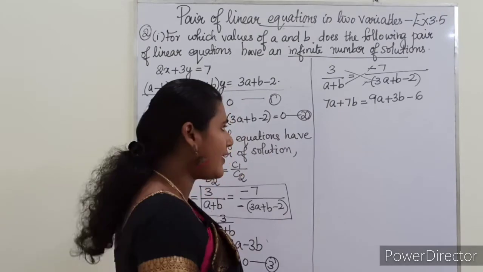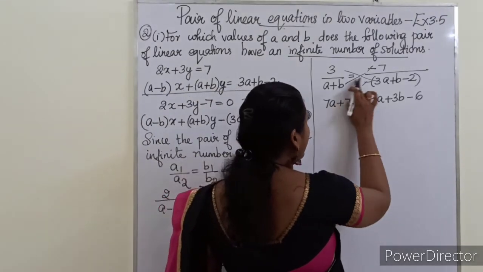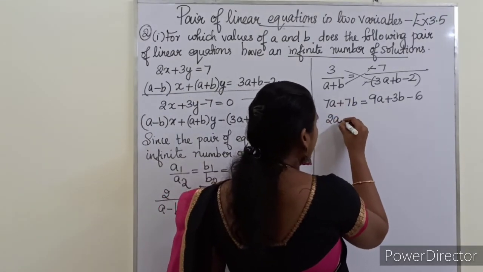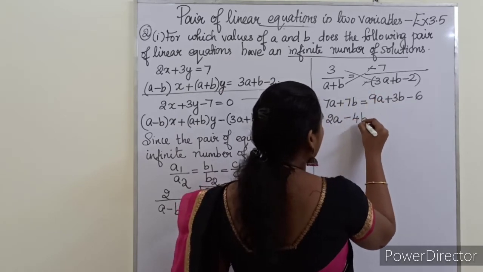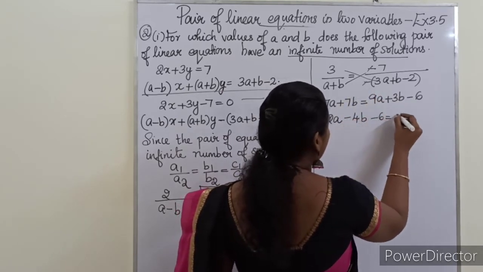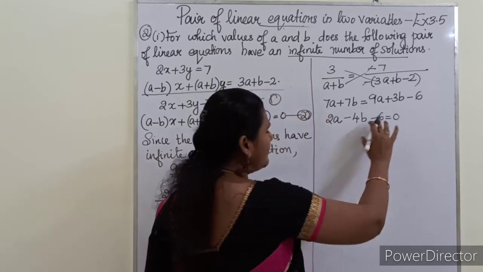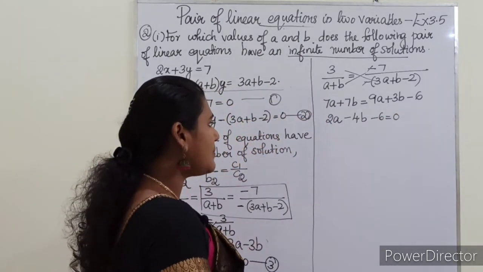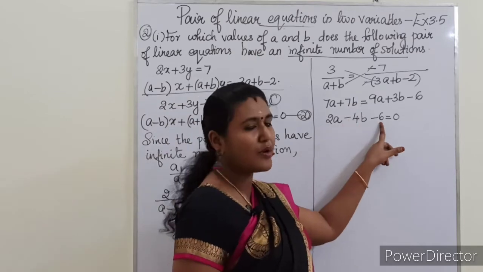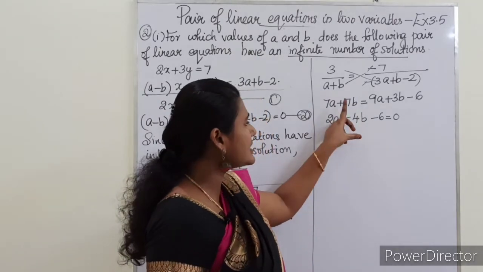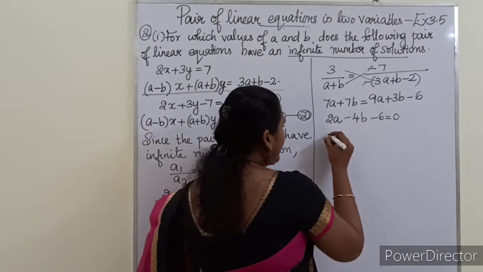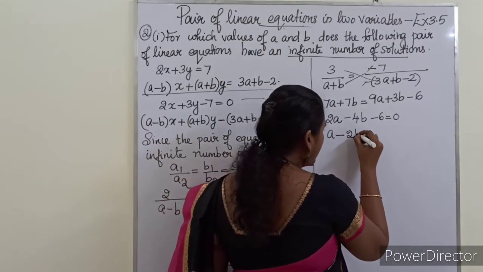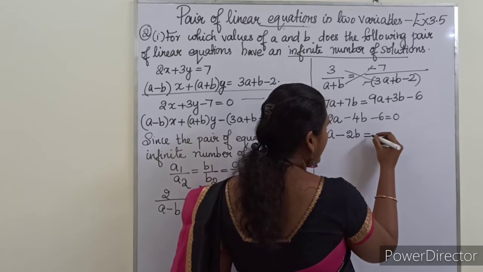Now we will simplify this. It's 9a minus 7a, that is 2a, 3b minus 7b, that is minus 4b, minus 6 is equal to 0. Now if you see here, each term is a multiple of 2. So we can reduce this equation by dividing throughout by 2. So we will be getting a minus 2b is equal to 6 by 2, which is 3.